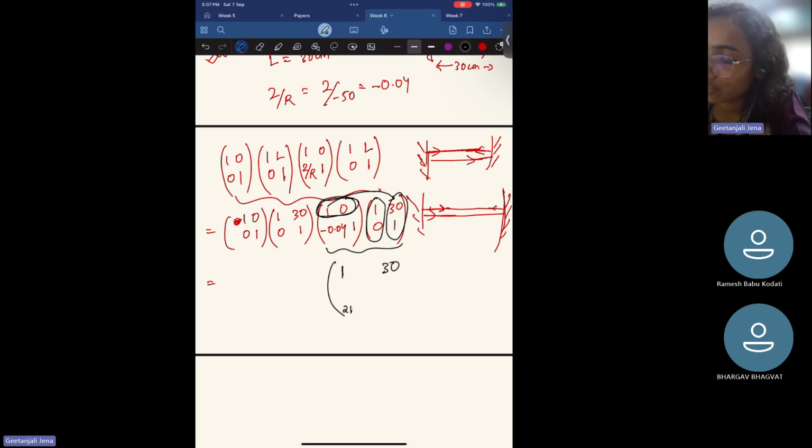Now this is the 2, 1 element, right? So we have to multiply the second row with the first column. So this will give minus 0.4. Now this is 2, 2. So we have to multiply the second row with the second column. So minus 0.4 into 50, plus 1.